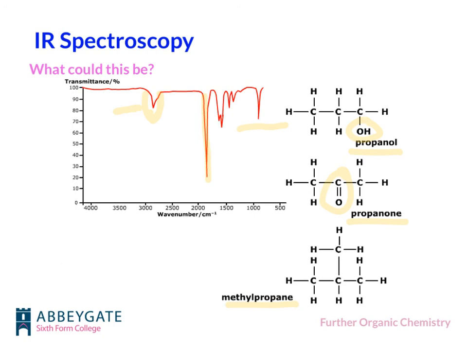So there's no OH group. So we know it can't be the alcohol. We know it's got a CH stretch. So it could be the methylpropane, but importantly, it's got this stretch around 1750-ish, which we know is due to a C double bond O, a carbonyl stretch, which means we must be looking at, I'm sure you've all got it, the propanone.